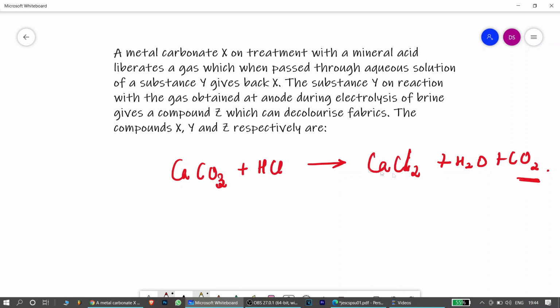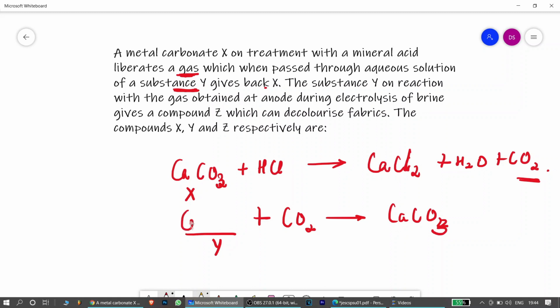Now it is said that when this gas is passed through substance Y, it gives back X. That means calcium carbonate, which is X, is given out when CO2 is passed through Y. Now what can Y be? Y is definitely going to be calcium hydroxide.